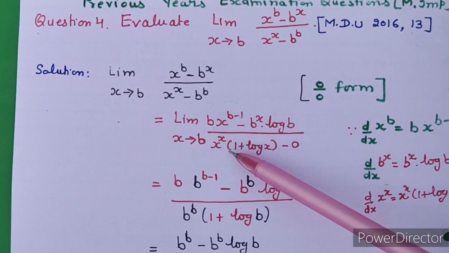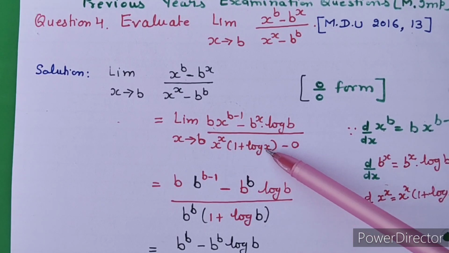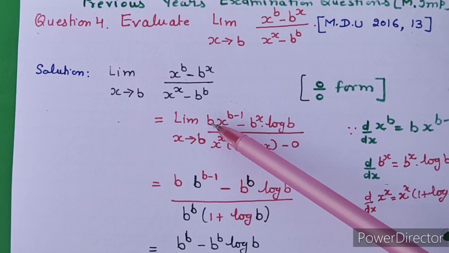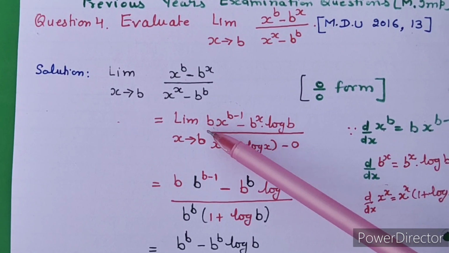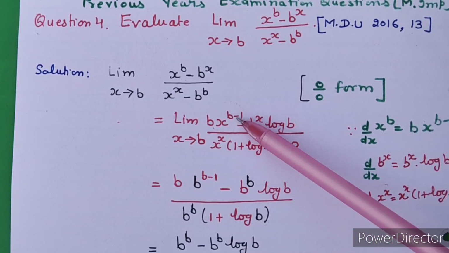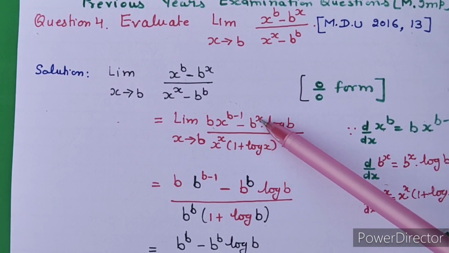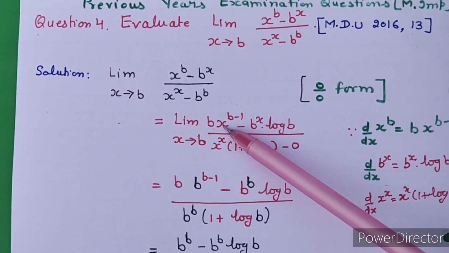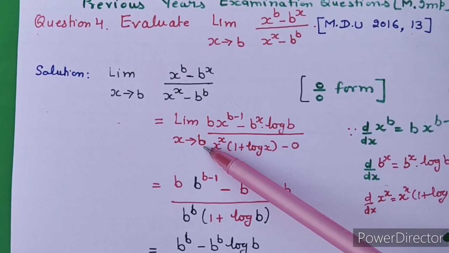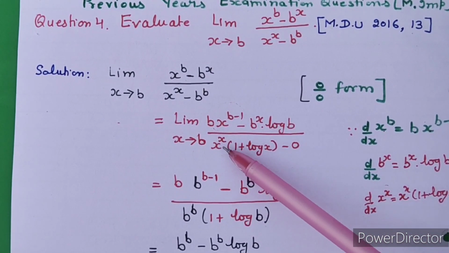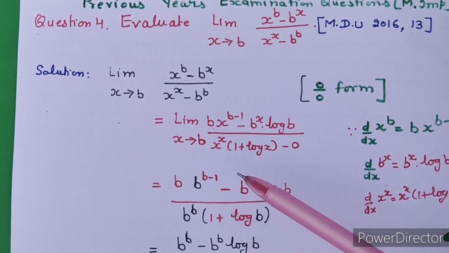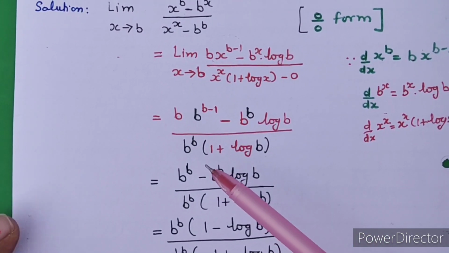Let us take, look, b to the power b into 1 plus log of b, this expression is not equal to 0, so I am putting the limits. So here it gives b to the power b minus 1 minus b to the power b log of b. Okay, in place of x I am writing this limit, x is equal to b. Similarly, b to the power b into 1 plus log of b here. Okay, so this is your limit.